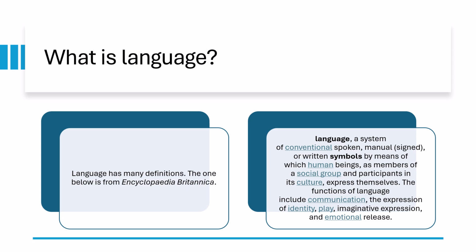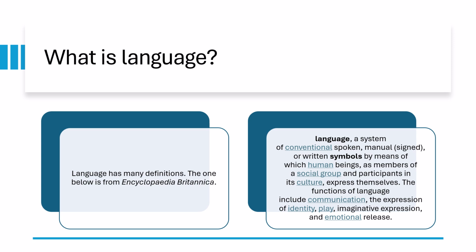So the first question is, what is language? Now, there are many definitions, but let's look below at the one from the Encyclopedia Britannica. Of course, we discussed different definitions in class, so let's see if we can pick out all the features that we identified in class.